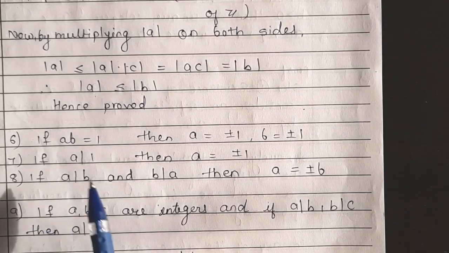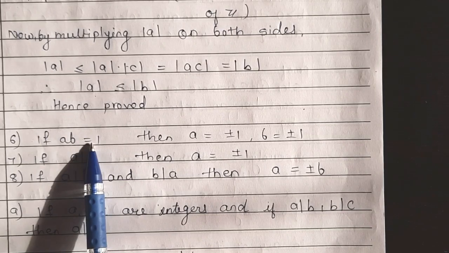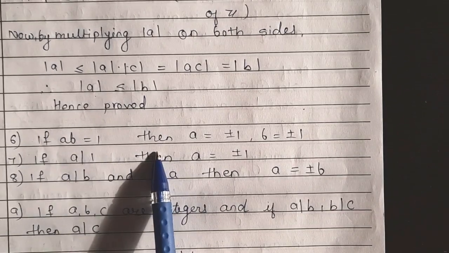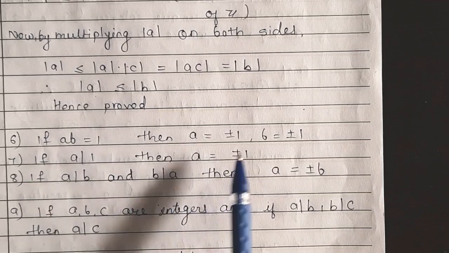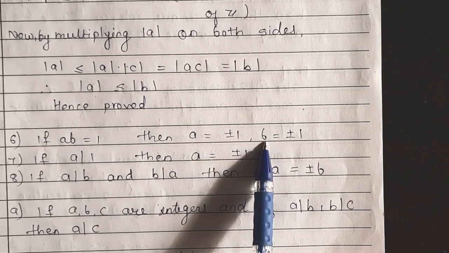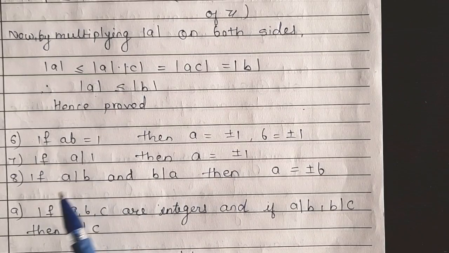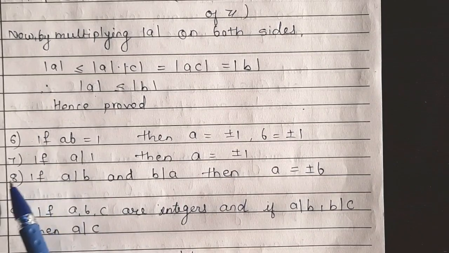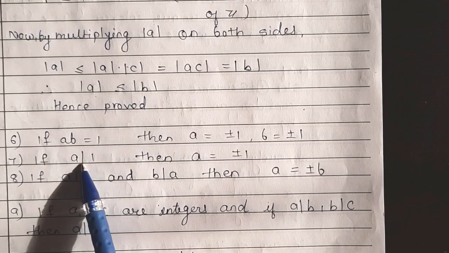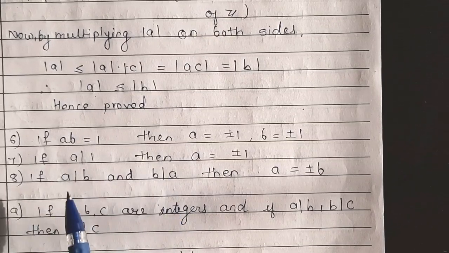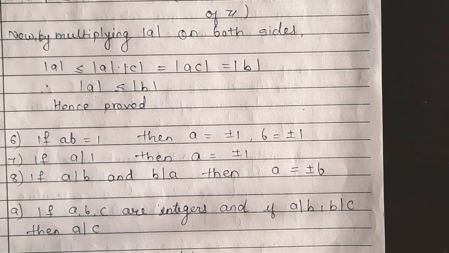Now the sixth property: if a into b is equal to 1, then a is equal to plus or minus 1, or b is equal to plus or minus 1. The seventh property: if a divides 1, then a is equal to plus or minus 1.